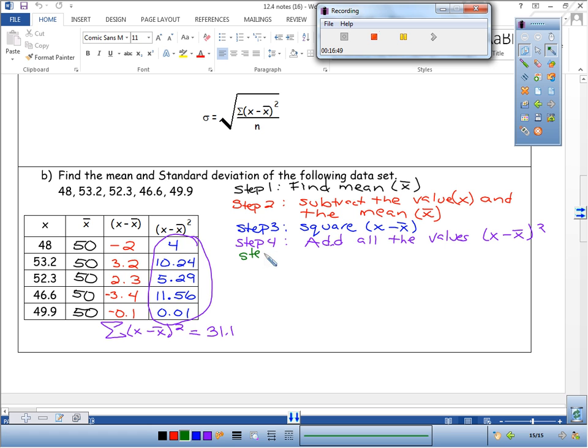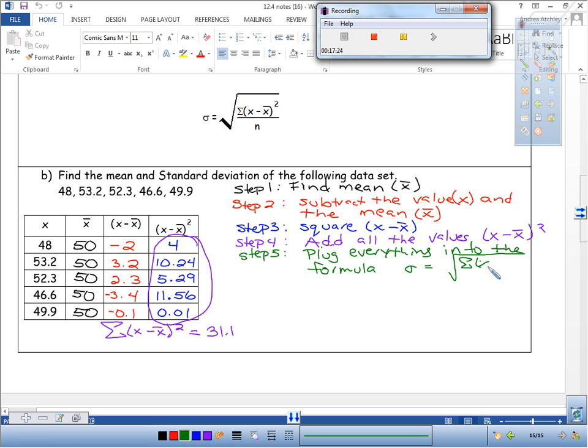Step 5. You'll plug everything into the formula, which is the standard deviation equals the square root of the sum of x minus the mean squared divided by the number of numbers.